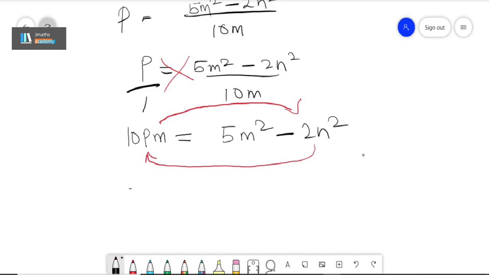So we'll have positive 2n squared, because the sign will change from negative to positive on this side. And for 10mP, the sign will change from positive to negative. So we'll have here positive 2n squared equal to 5m squared minus 10mP.